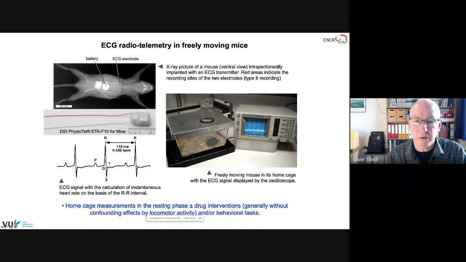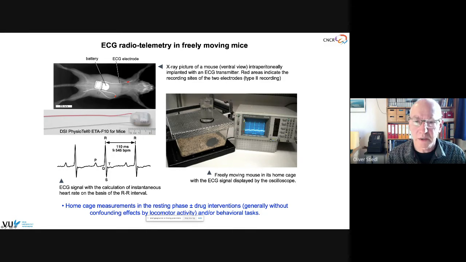And I will show you that all the studies that I have performed are done under home cage conditions. And we also have optimized pharmacological intervention studies that are done under brief anesthesia under very refined conditions to make sure that our injections do not interfere with the consequences.